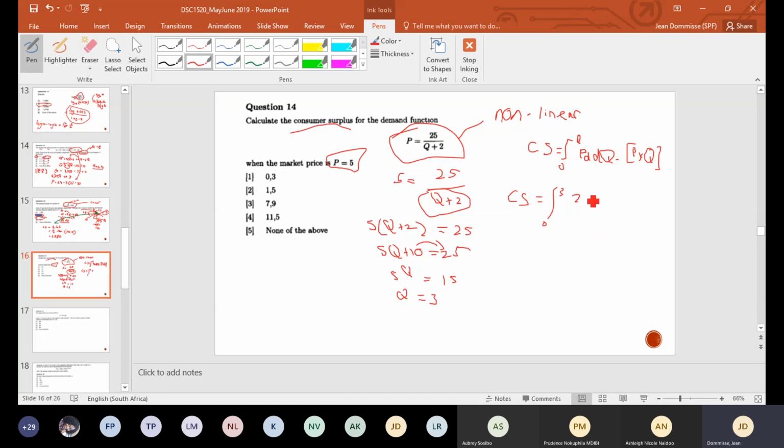So it is 25. Just need to remember to write it correctly. And then we have the P and the Q, so it is 5 times 3.